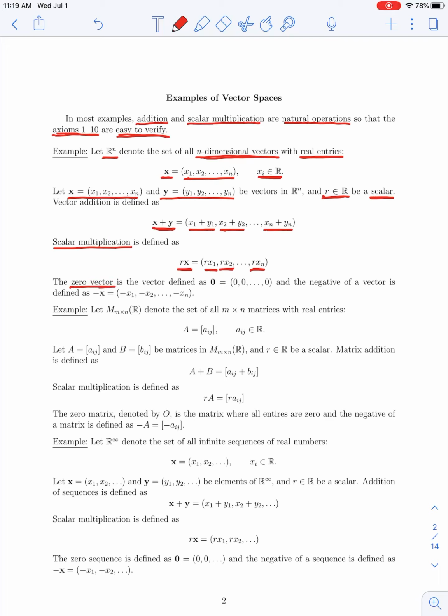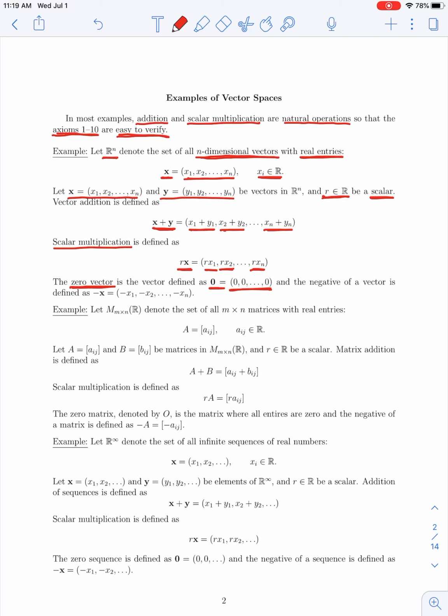So here we would define the zero vector for our space as the vector denoted as boldface 0, of length n, where each element in that vector is 0.